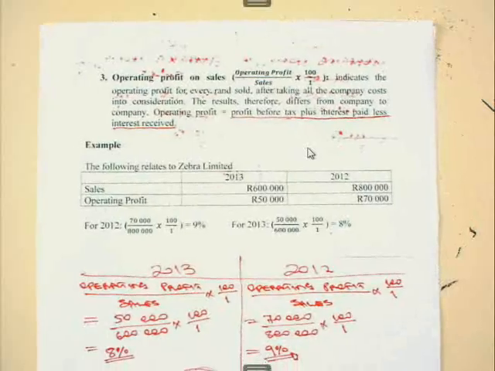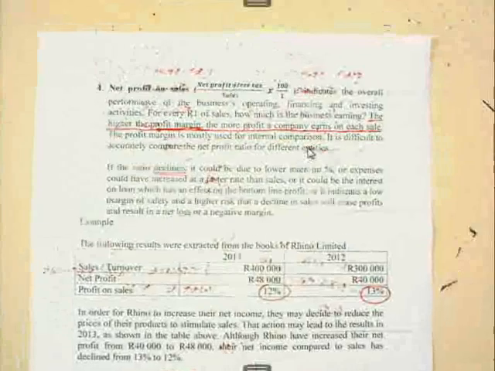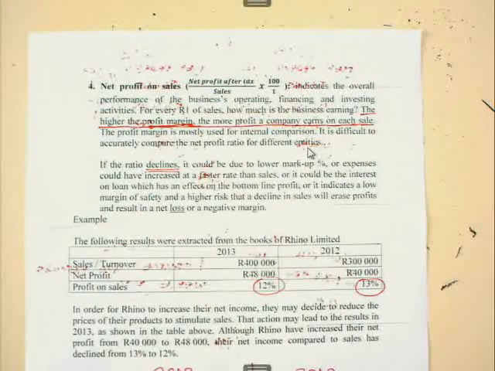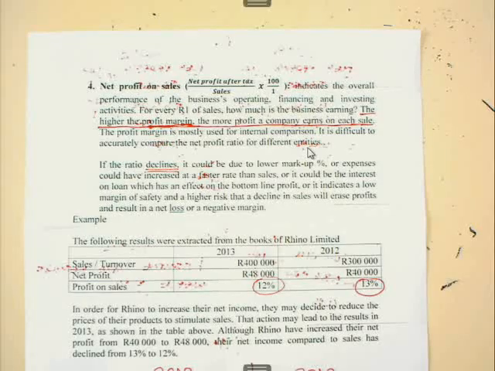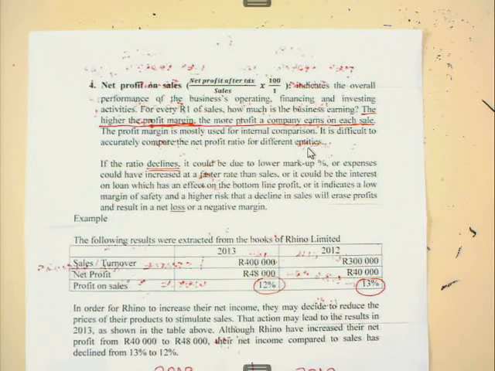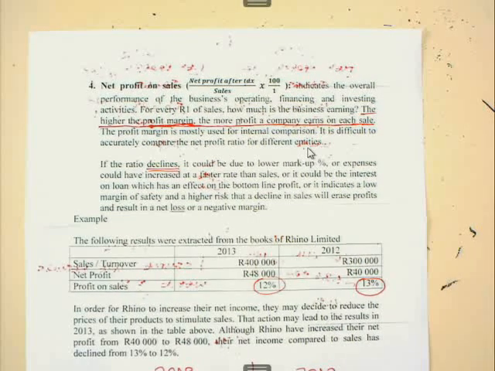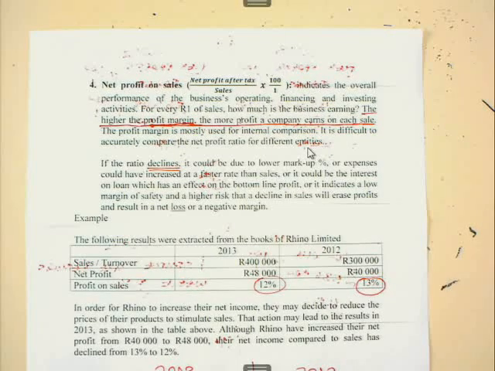The operating profit on sales indicates the operating profit for every rand of sale after taking all the company costs into consideration. Then the last one that we just dealt with now is the net profit on sales, which indicates the overall performance of the business operating, financing, and investing activities. That is, for every 1 rand of sale, how much is the business earning? The higher the profit margin, the more profit a company earns on each sale.